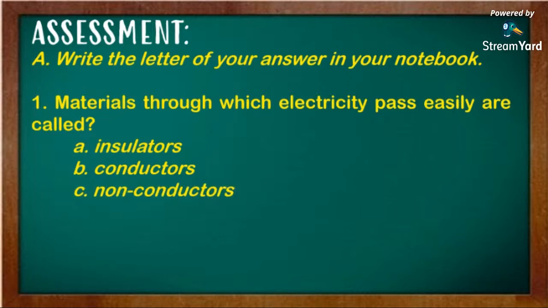Letter C, non-conductors. And letter D, metallic. Write the letter of your answer in your notebook. And the answer is letter B, conductors. Did you get it right? Okay, good job. So let's go to number 2.